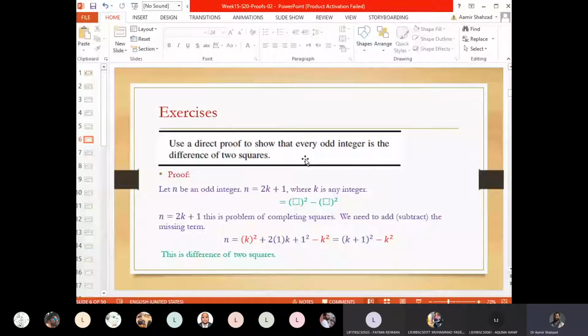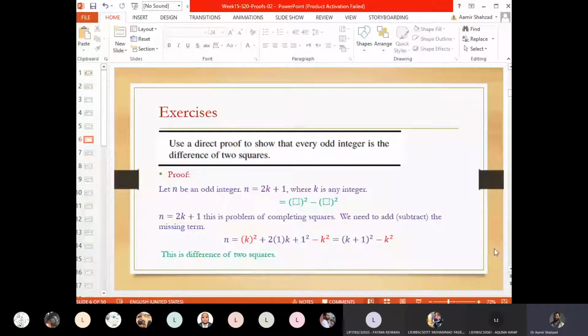For example, अगर 1 is हमारे पास odd number है, so 1 को हम लिख सकते हैं 1 square minus 0 square. So this is true. 3 को हम देखें, 3 is going to be difference of two square numbers. So this is going to be 4 minus 1. 4 is perfect square, 1 is perfect square.